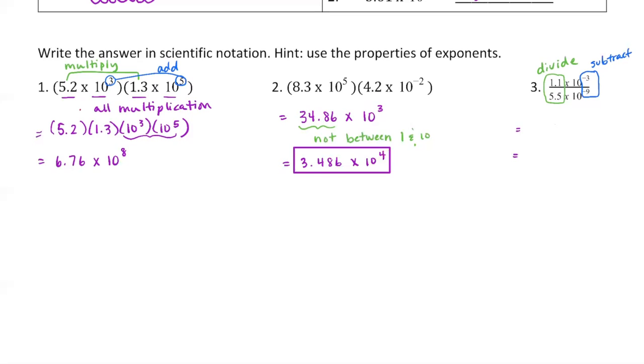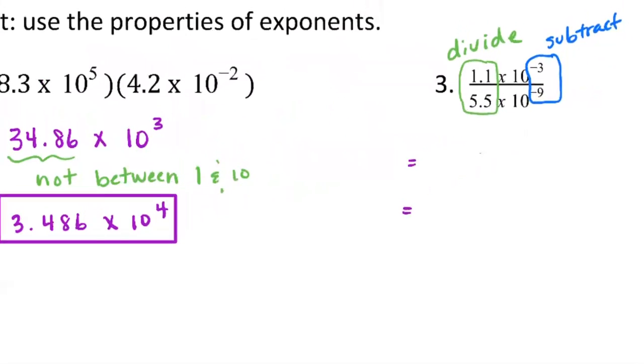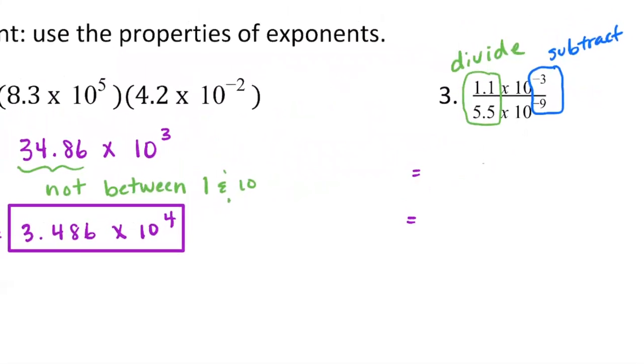If you're dividing, you're going to use the same rules that we've been using, where if the bases are the same, you're going to subtract the exponents, but you're going to divide this like normal. So 1.1 divided by 5.5 is 0.2 times 10 to the 6th, the negative 3 minus a negative 9.